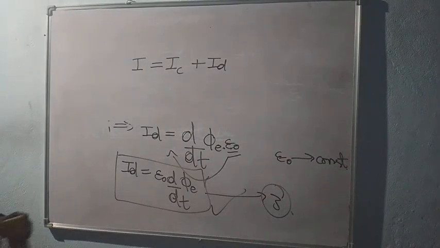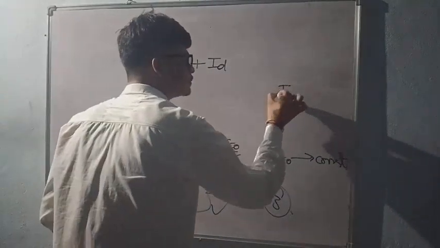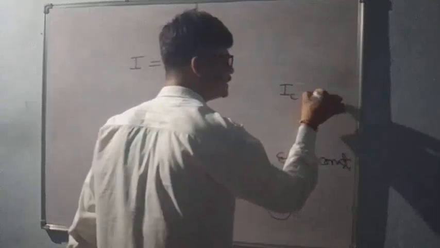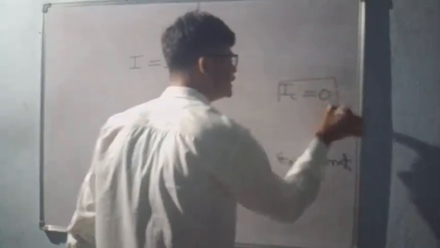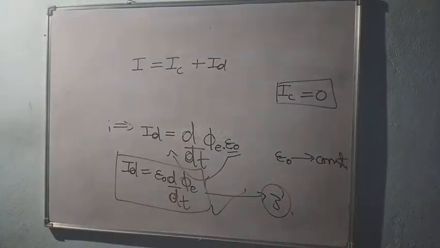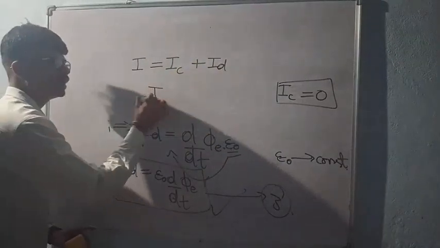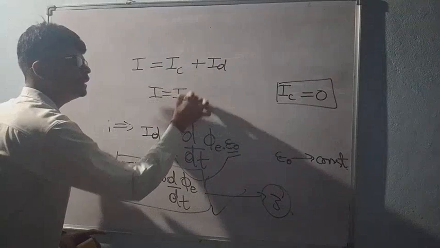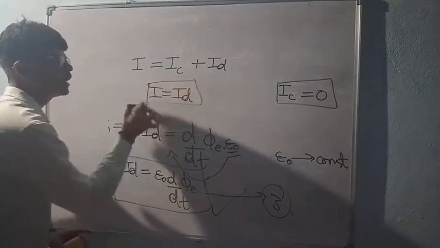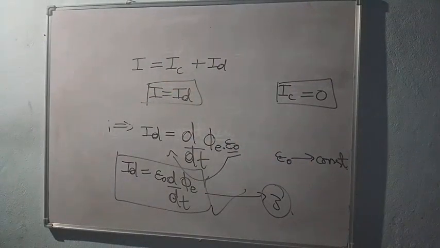On a new concept, when IC is equal to 0, that is, when the conduction current is 0, the total current is equal to the displacement current.